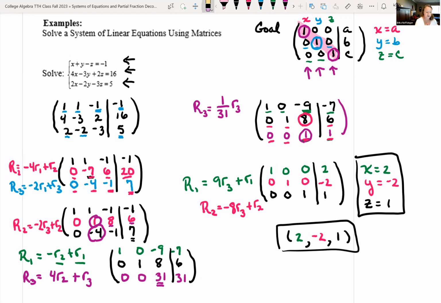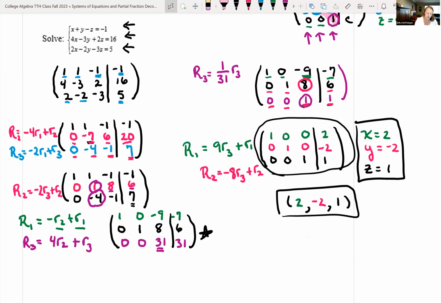I just wanted you again to be aware that it's nice to get to this point where it's in row reduced echelon form to find the answer, but you can stop while you're doing this process and still find the solution. So this matrix down here that I just starred, if I rewrote this as a system of equations, that first row would give me x plus 0y, so I'm not going to write that y, minus 9z is equal to -7.